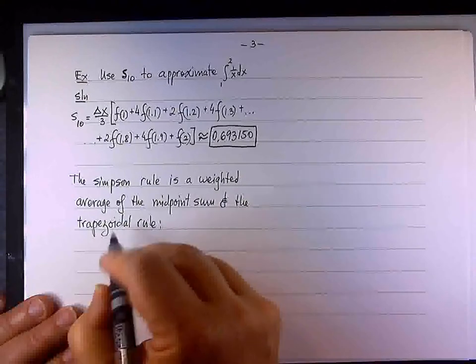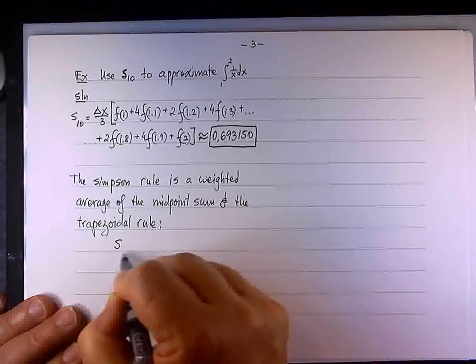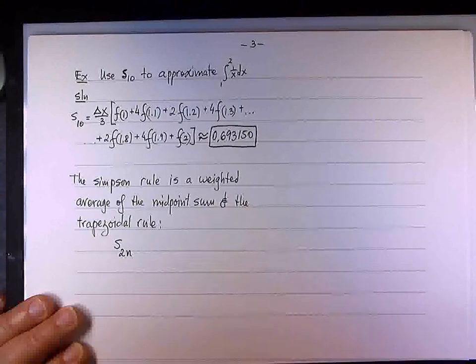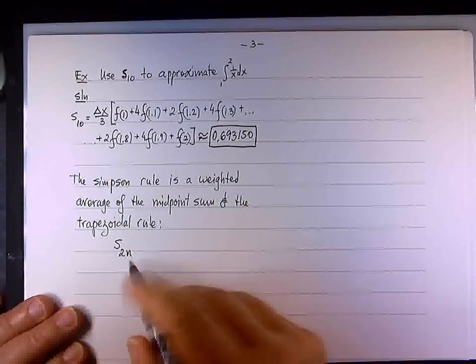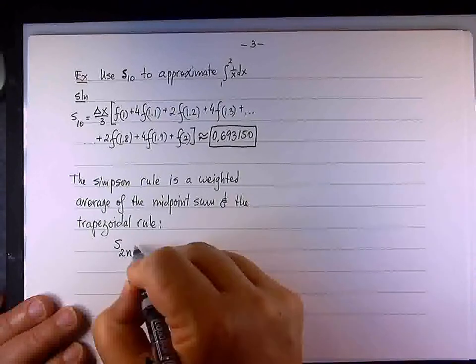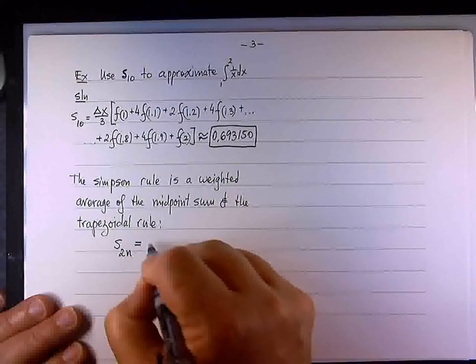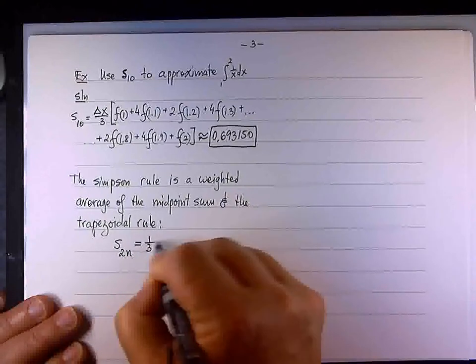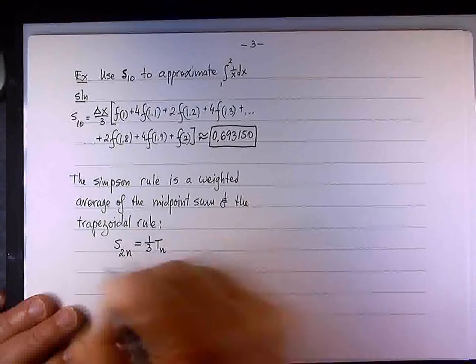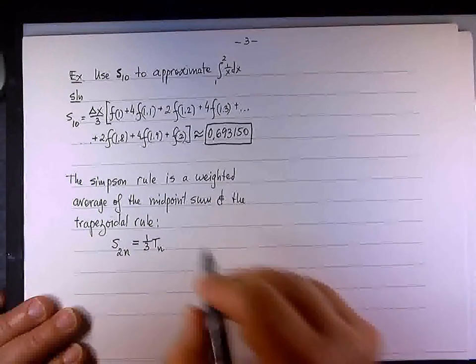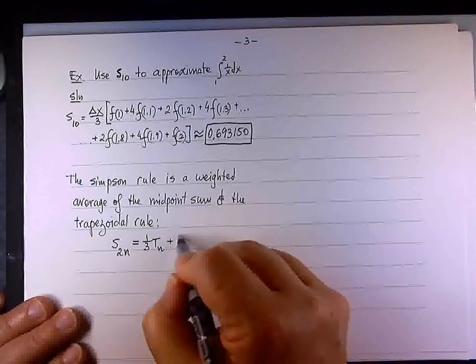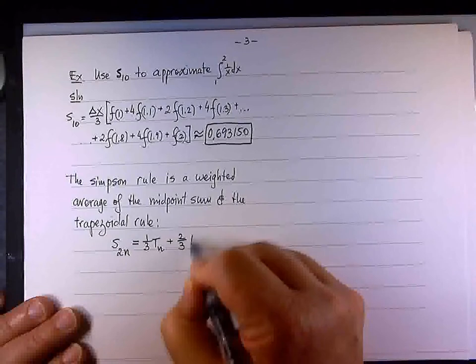How is it weighted? It turns out that S of 2n, we put 2n because we want to guarantee an even number of subintervals, will be one third of the trapezoidal with n, half the number of subintervals, and then 2/3 of the midpoint.